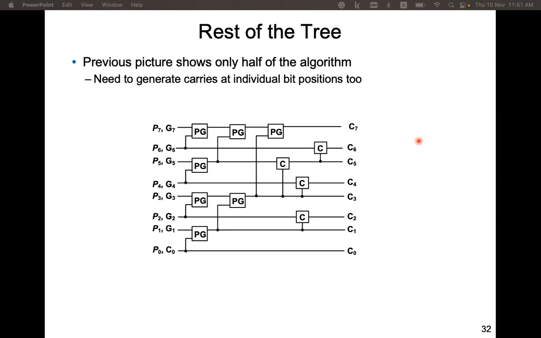But C3 is the input to this group, right? I just want to derive an equation for this graph. Yeah, let's talk about this later, after class. It's just a matter of the index.